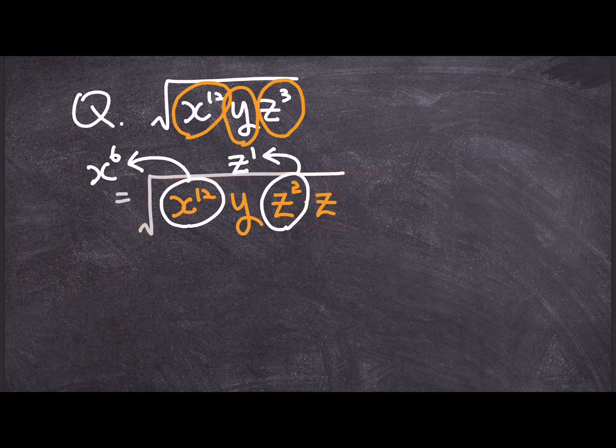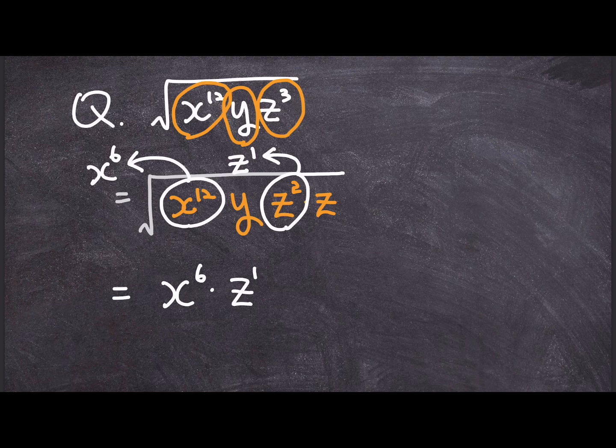So let's go ahead and collect the expressions that escape and the expressions that stay underneath the square root sign. What I end up with is x to the power of 6 times z to the power of 1.